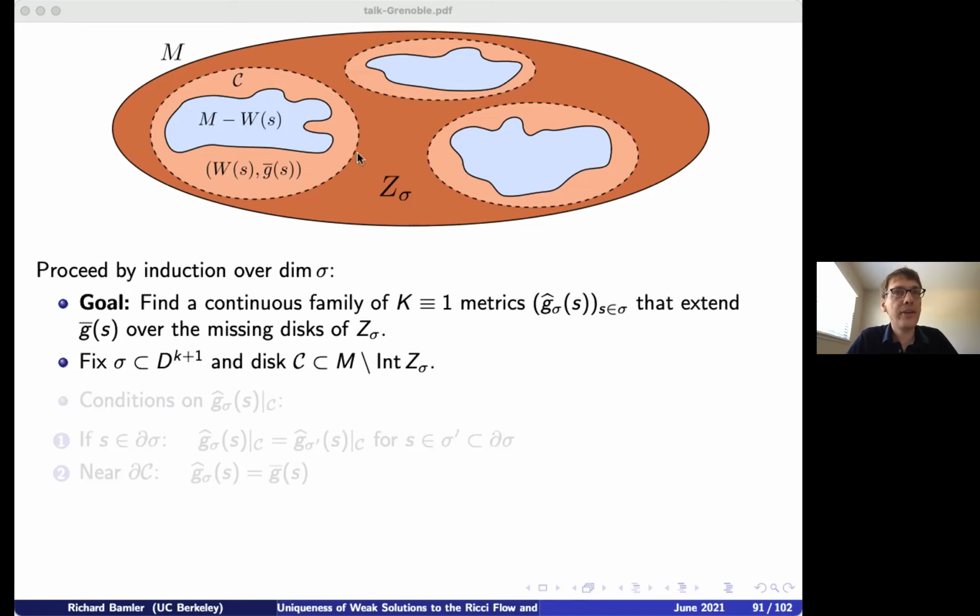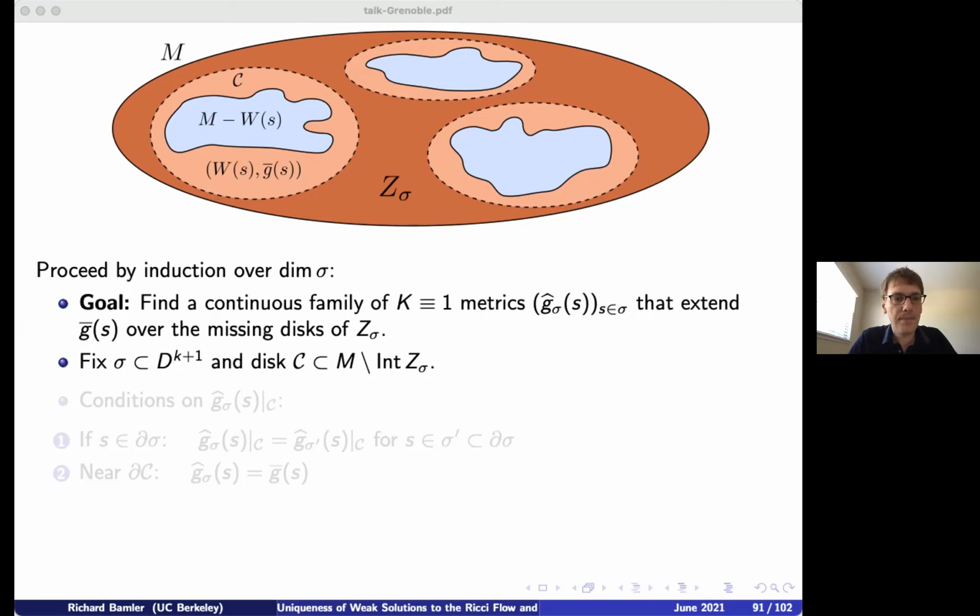And I want G hat sigma S to be equal to G bar S on Z sigma. So I really only need to make choices on these disks, right? And the construction will be independent over each of these disks. So let me just fix one disk here. I need to say what the constant curvature metric is on this disk for a fixed sigma and S contained in that fixed sigma.